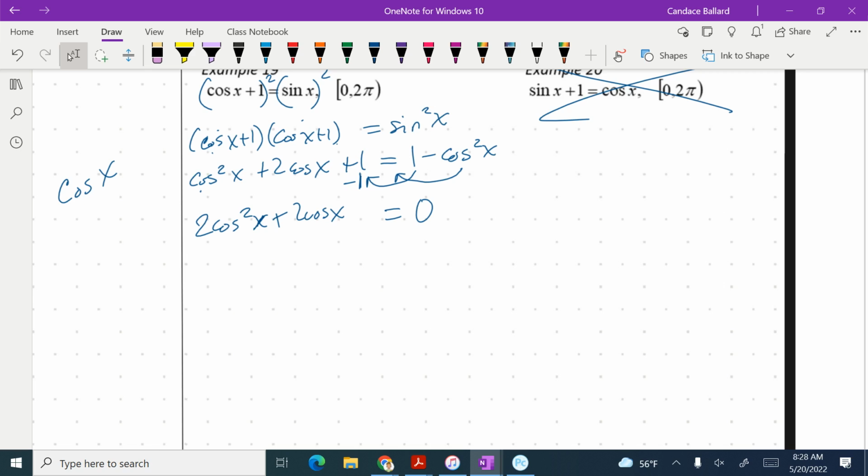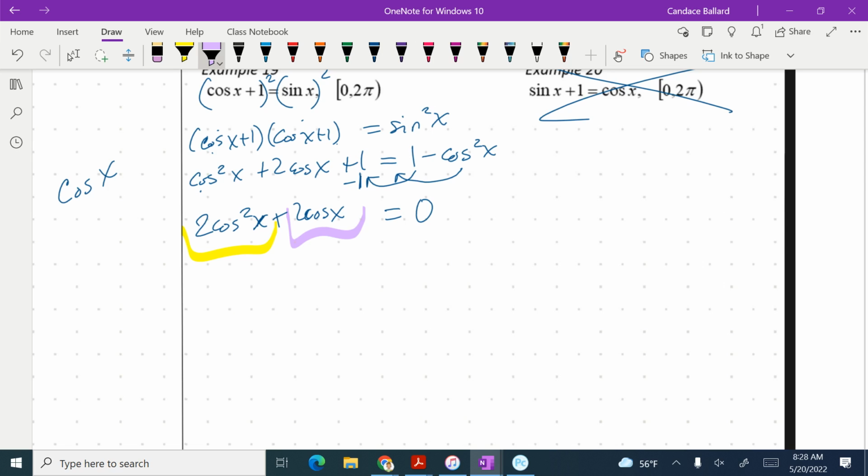All right. What's the first thing we look for when we factor? Greatest common factor. Look at both of those terms that we have there. We've got this one and this one. What is the same in both of them? 2 cosine x.